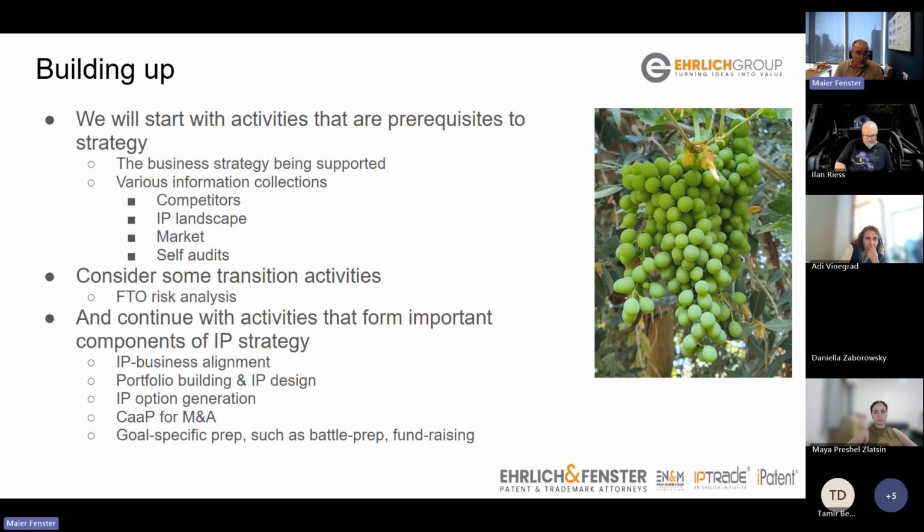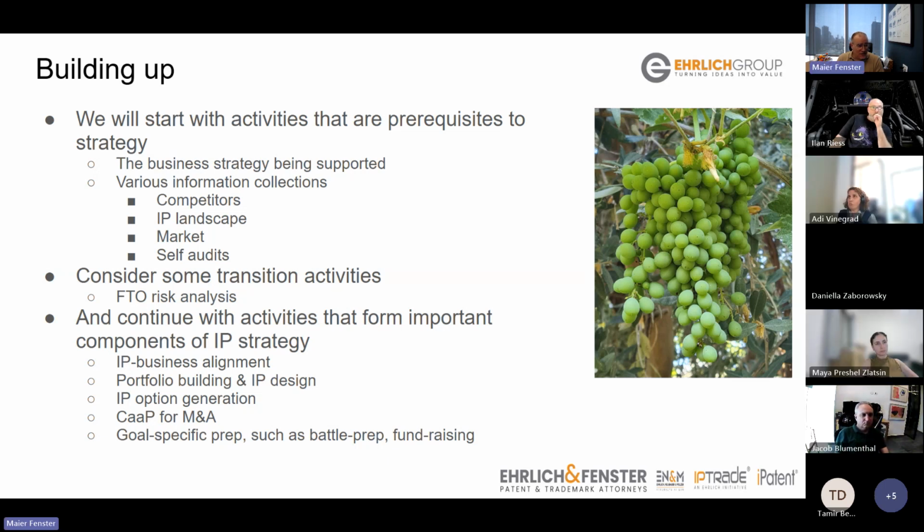You should probably know it before you deal with IP strategy, as well as various types of information you might need to collect. Then I'll talk about transition activities like freedom to operate risk analysis, which does involve taking the data and analyzing it, but still is not the strategy itself, in my mind. And then I'm going to talk about activities whose output is components of an IP strategy.